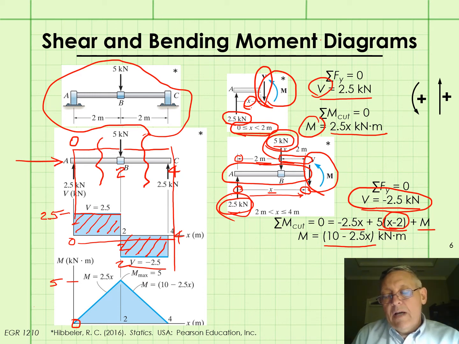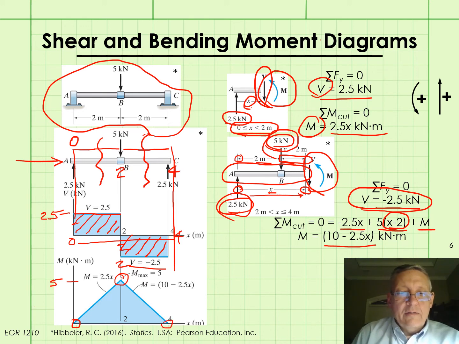And when we plot the moment function here, we get a line, it's linear, that starts at M equals 5, and at 4 it goes back to 0.